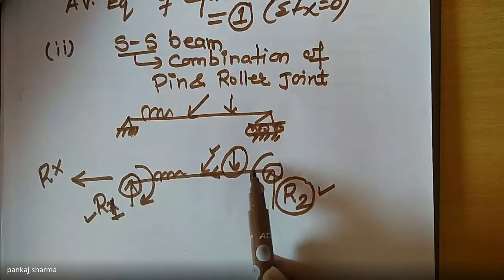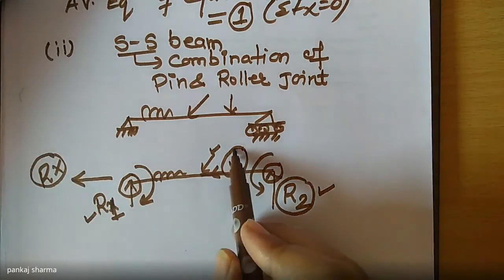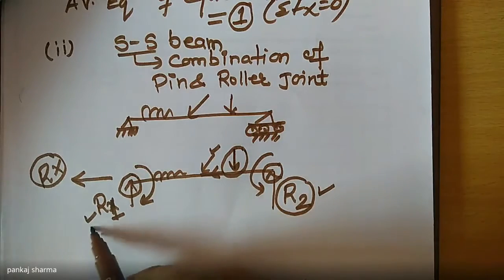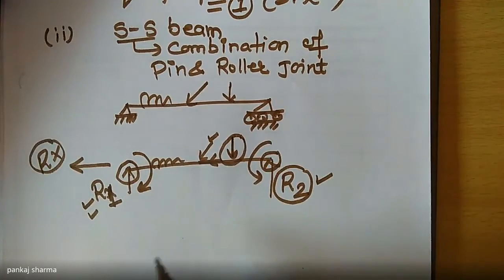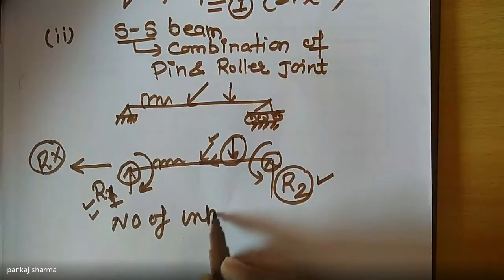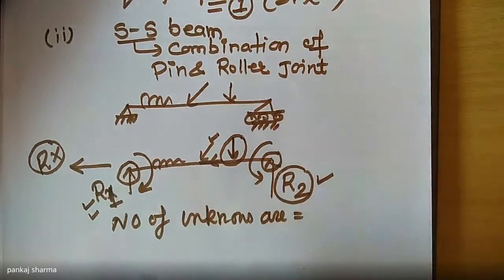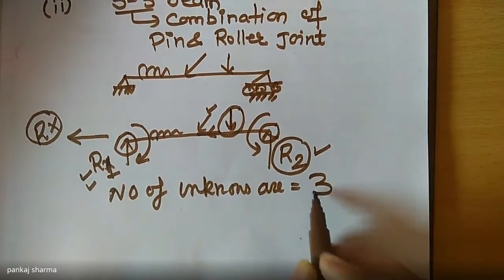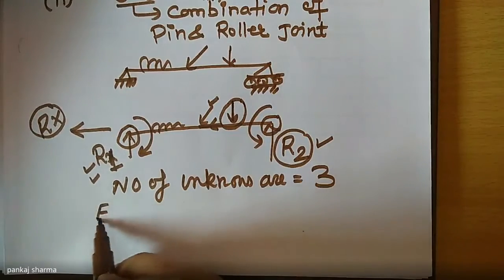Acting horizontal force, reaction force; acting vertical force, vertical reaction force. Right. So the number of unknowns are nothing but R1, R2 and Rx, simply 3.